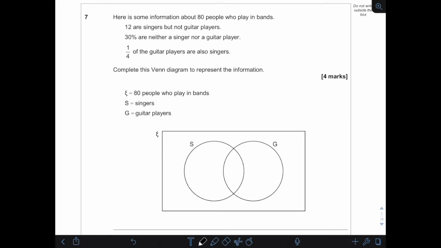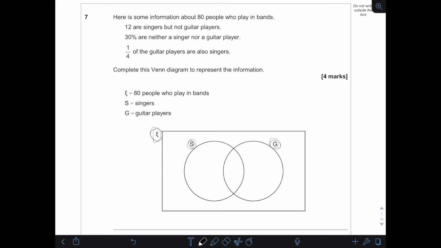So there are 80 people who play in bands, 12 of them are singers but not guitar players, 30% are neither a singer nor a guitar player, and a quarter of the guitar players are singers, right? Which means that you've got the whole party of 80 people in this rectangular area. Singers are defined by the left circle and guitarists are defined by the right circle.